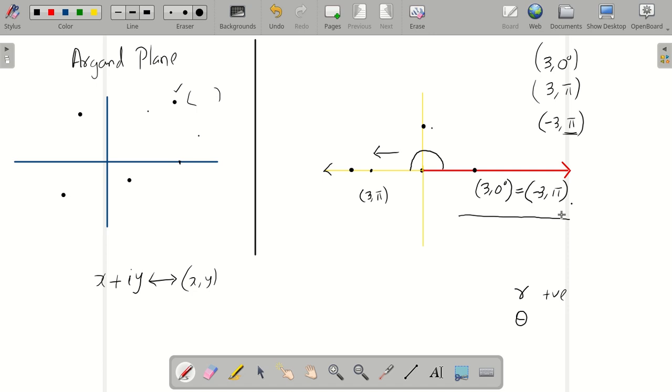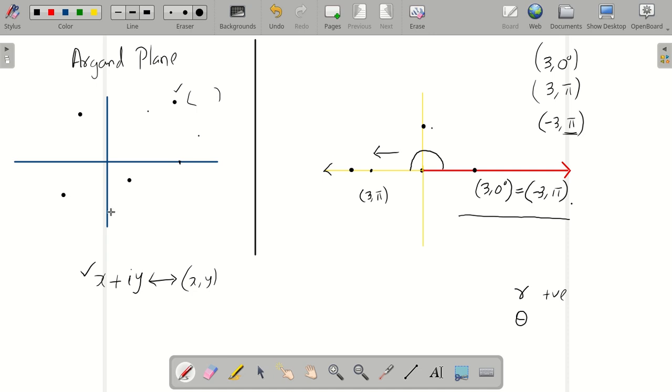Now let's start with the Argand plane. Argand plane means we convert complex numbers into Cartesian coordinates, and we consider the x-axis to be the real axis and the y-axis to be the imaginary axis.